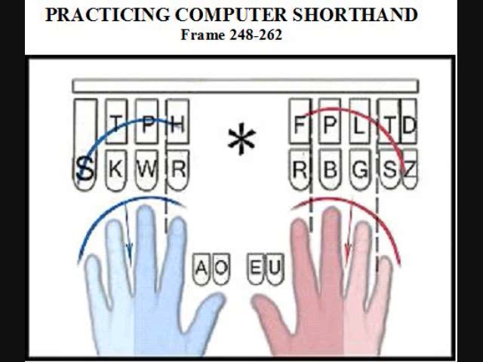Okay, frame 252 is should when it comes second in the phrase.